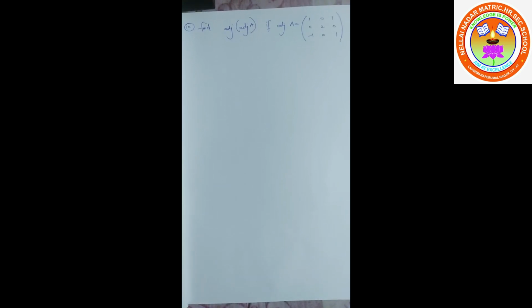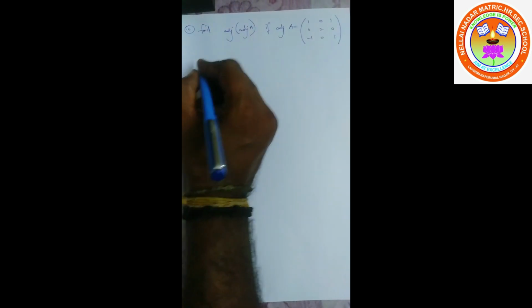10th sum, find adjoint of A, if adjoint of A is equal to 1, 0, 1, 0, 2, 0, minus 1, 0, 1. In the 8th sum also we found adjoint of A, so this sum will be the same as we did in the 8th sum.